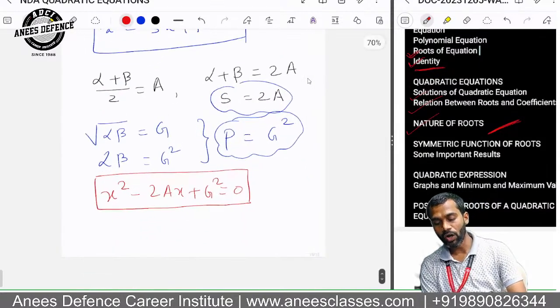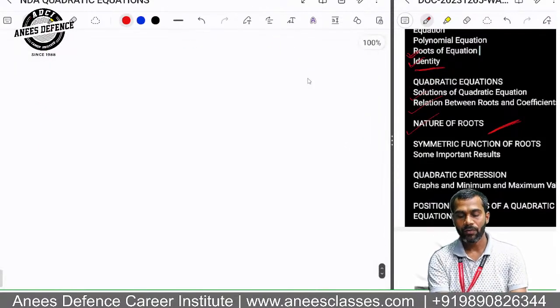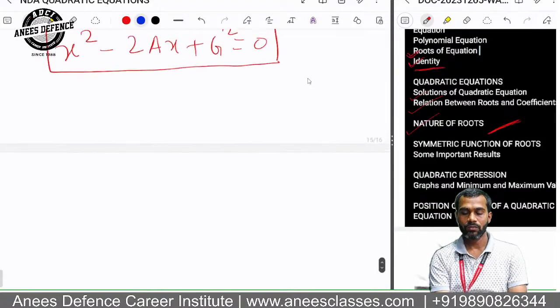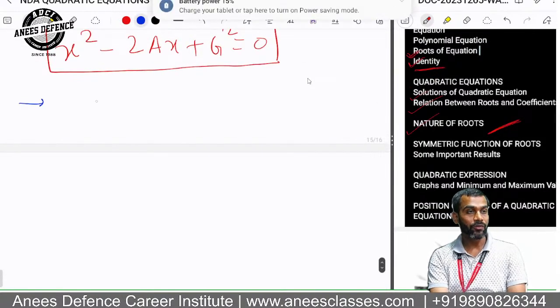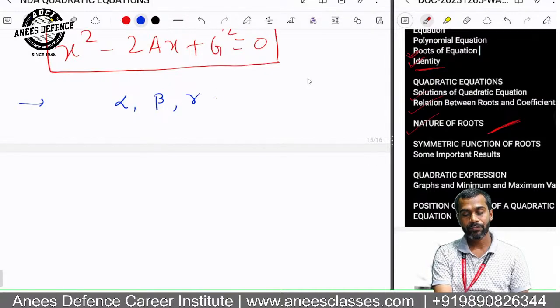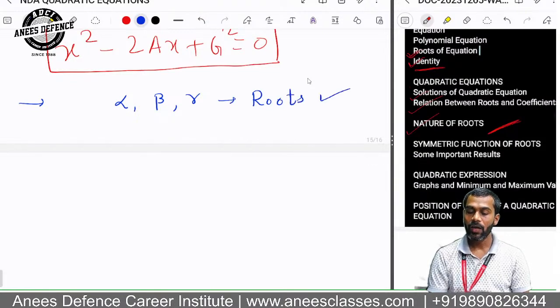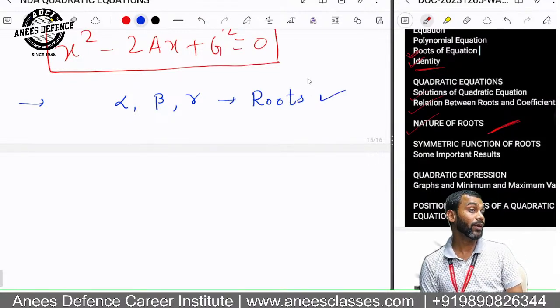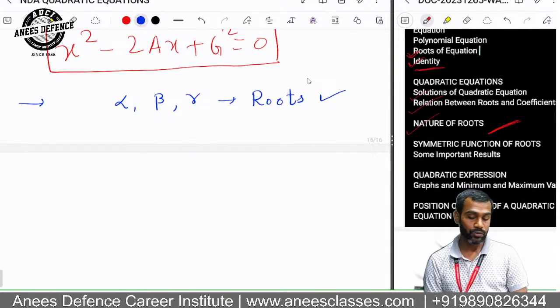Okay. Now we'll talk about the cubic equation. So suppose we have got roots alpha, beta, and gamma. These are the roots of the cubic equation. So roots are already given, and we need to find the equation in terms of AM, GM, HM. So what is the equation?